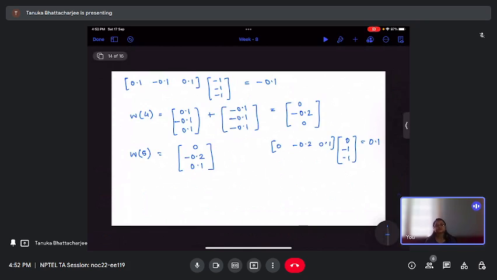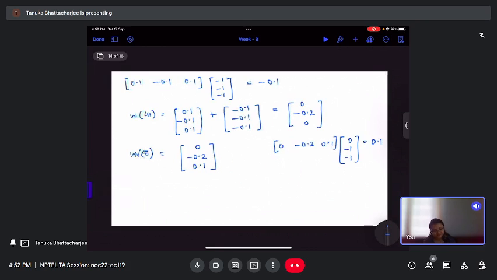So, you see this is now correctly classified because you have got some positive value of W transpose Xi. So, now for this particular sample you do not need to update your weight vector. You will keep your weight vector the same and try to classify the next sample.